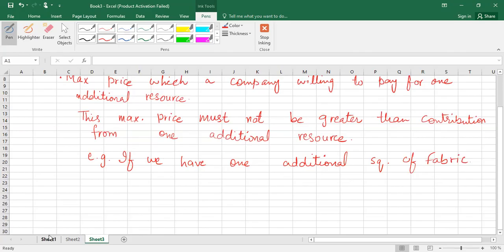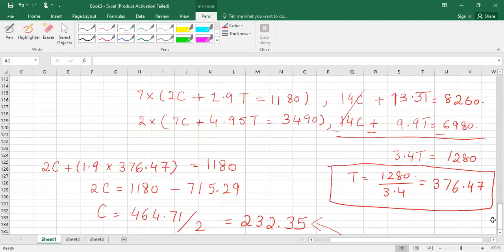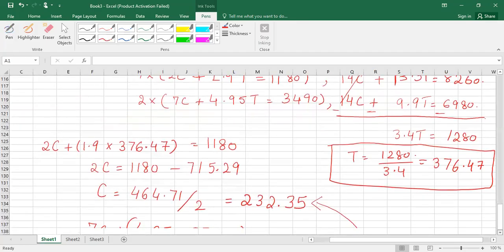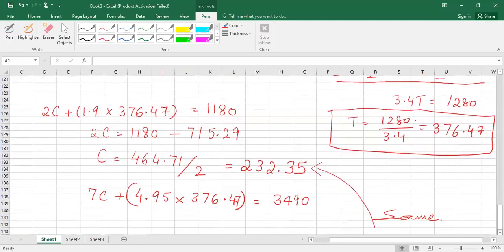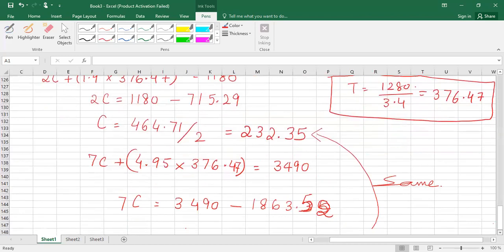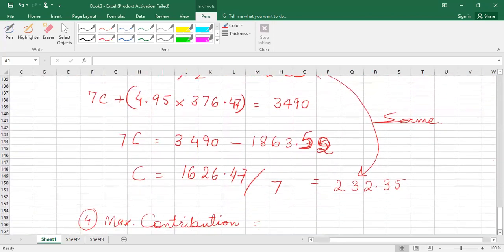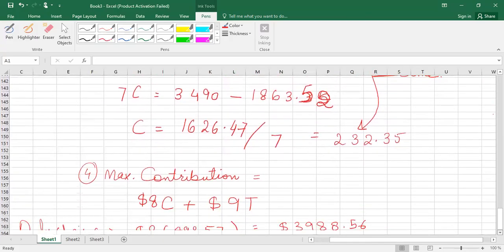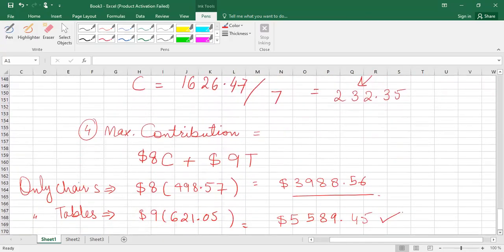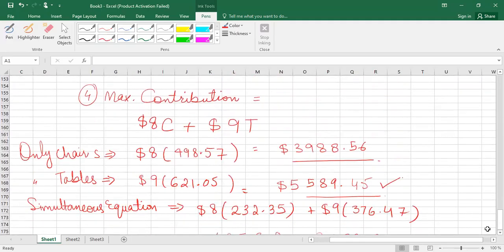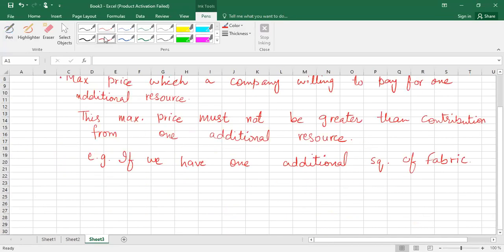In this scenario, we have already determined that maximum contribution is coming from only the production of tables. So now we will not use the concept of simultaneous equations. We will allocate resources only to the tables, because we determined maximum contribution if we only produce tables.